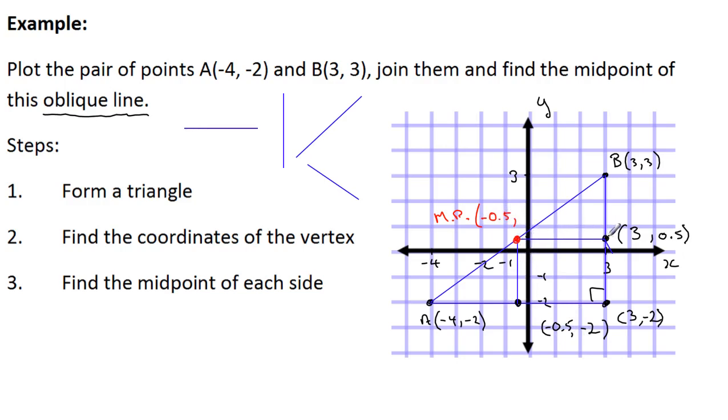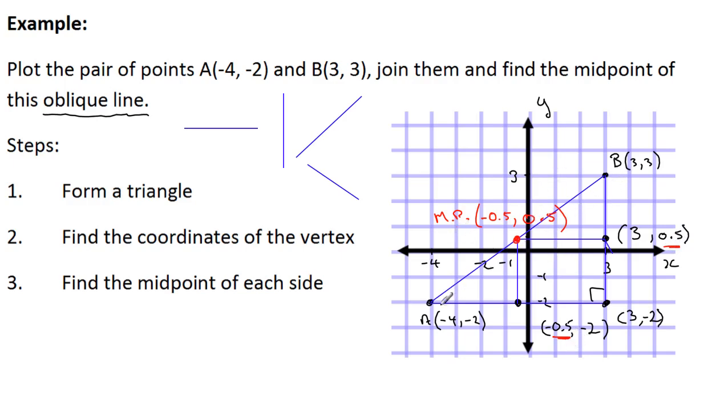Well, if you've said that it's this point here, which is 0.5, you'd be correct. So the midpoint of the oblique line takes its x value from here and it takes its y value from here. That's very interesting, and that will always work.